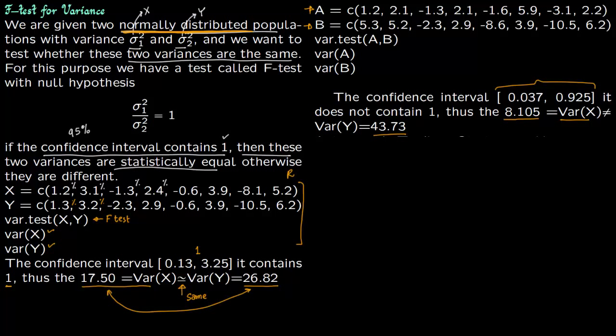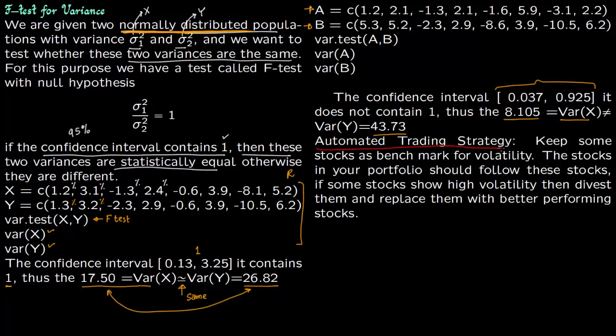Now you can have an automated trading strategy which is based on this. You keep some stocks as benchmark, because the market could get volatile, the market could go up, the market could go down, so you cannot have a constant number. What you can have is a constant benchmark of stocks. The stocks in your portfolio should follow these benchmark stocks.